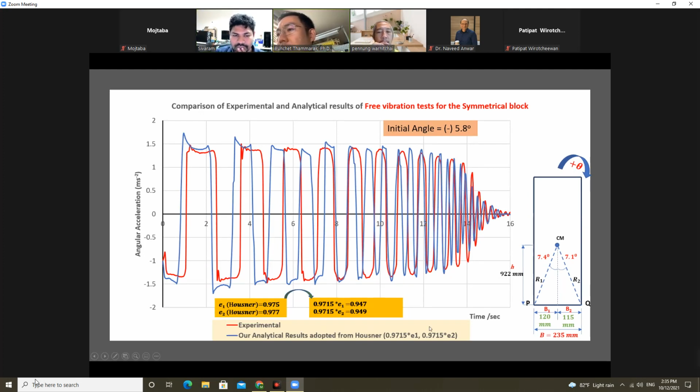Okay, so as of now, there is no other mechanism that you can think of, right? So the best match comes from the manipulation of the Hausner coefficients. Yes, sir. Okay, all right. So there must be some other thing, right? Like the energy loss within the material.